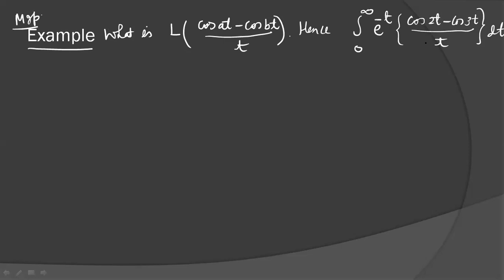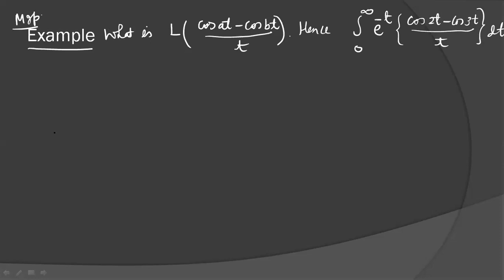And we know the gamma function, but due to the trigonometric functions cos 2t and cos 3t, it will be very difficult. We have to convert into real and imaginary parts. That will be a lengthy process, but in that case we can find it at least. But using Laplace transformation, this integration is very easy.